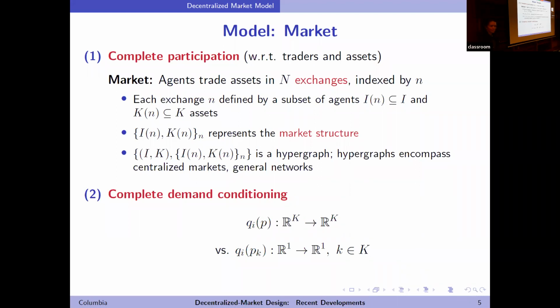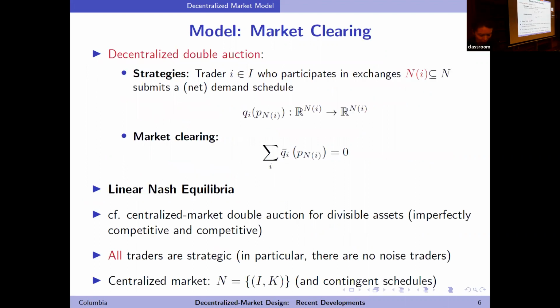That's exactly what I want to know, really. How is the clearing? Yes. Actually, this is exactly what we are going to talk about now, right? So how is the market organized? How does it clear? Well, in each exchange, trade takes place through a standard uniform price double auction. So traders will submit net demand schedules in the exchanges where they participate.